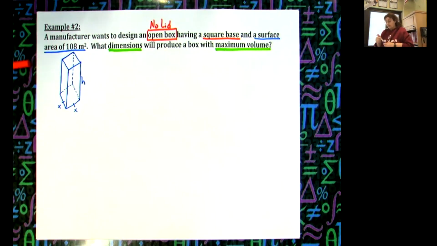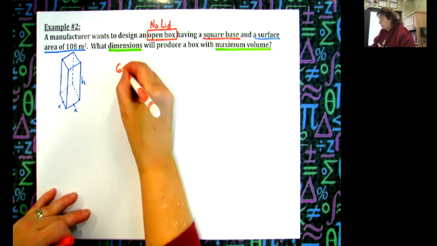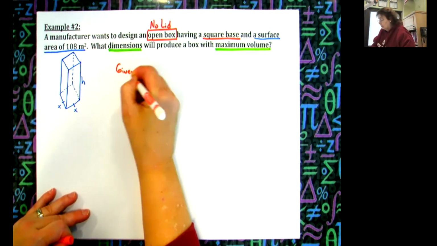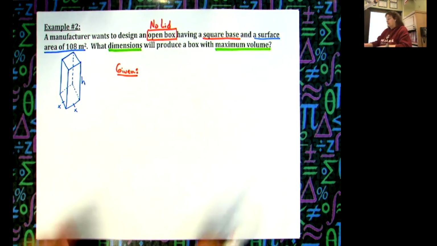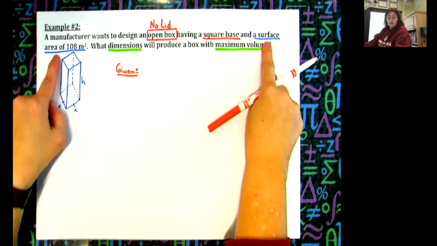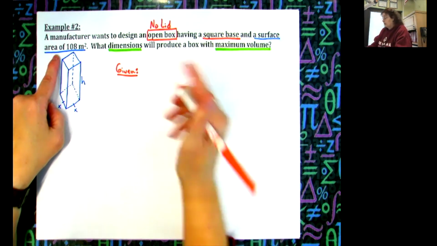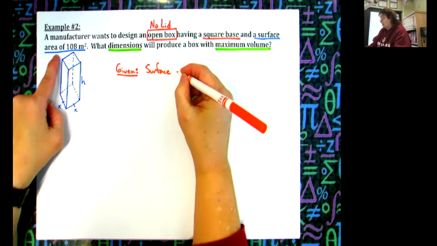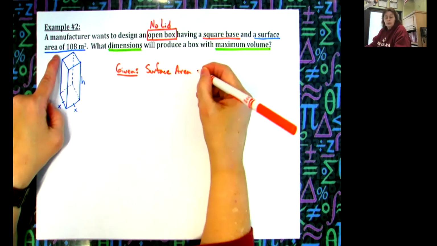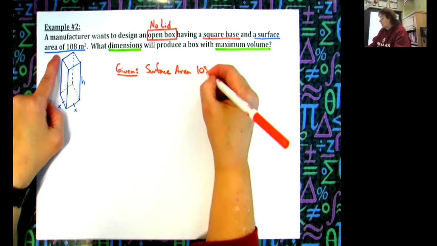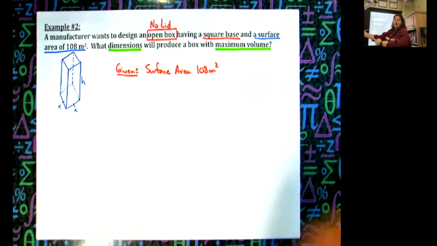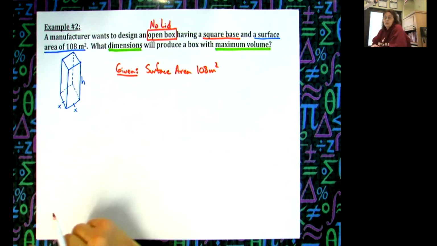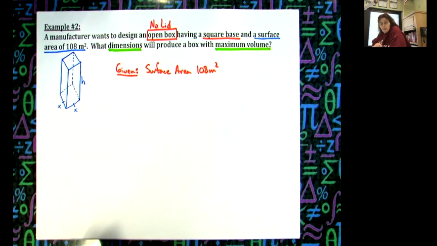Now let's go through and do our given. They have given us a surface area of 108 square meters, so let's write that down. But I need an equation. This is where you have to pay attention to the fact that it says open box.